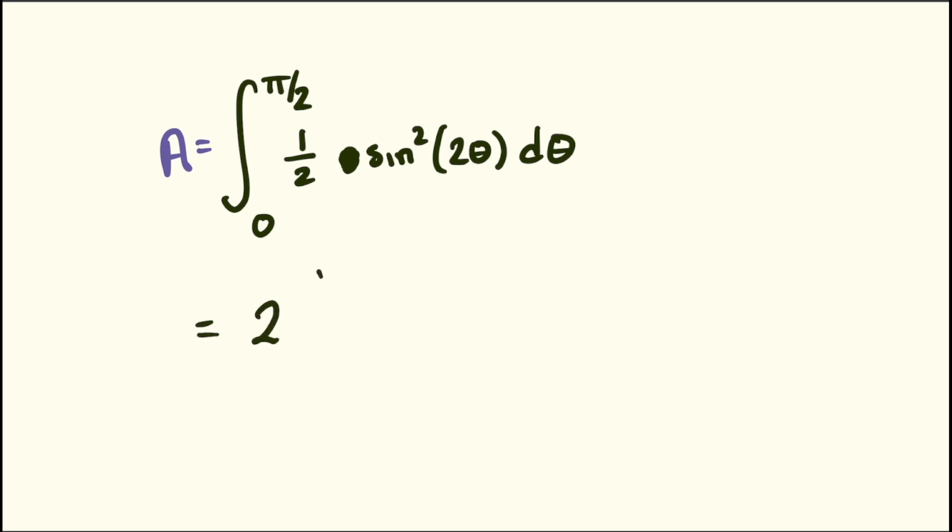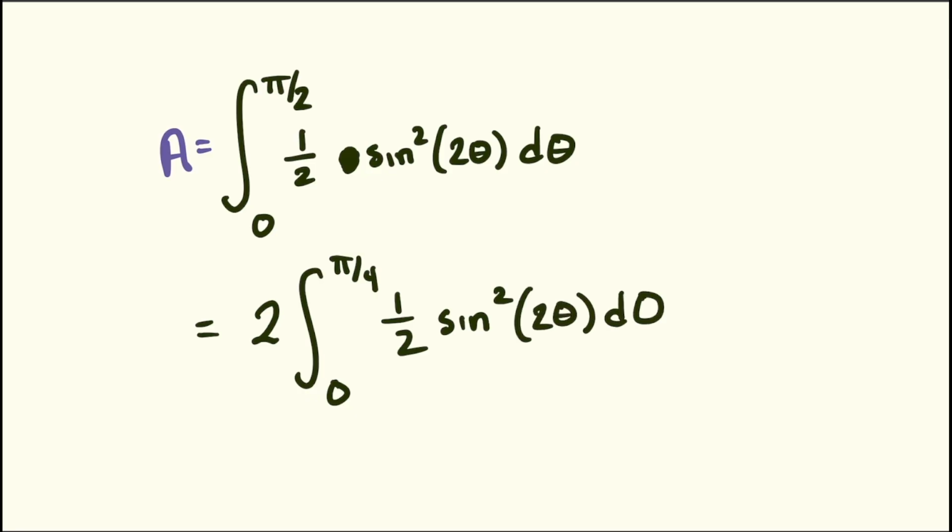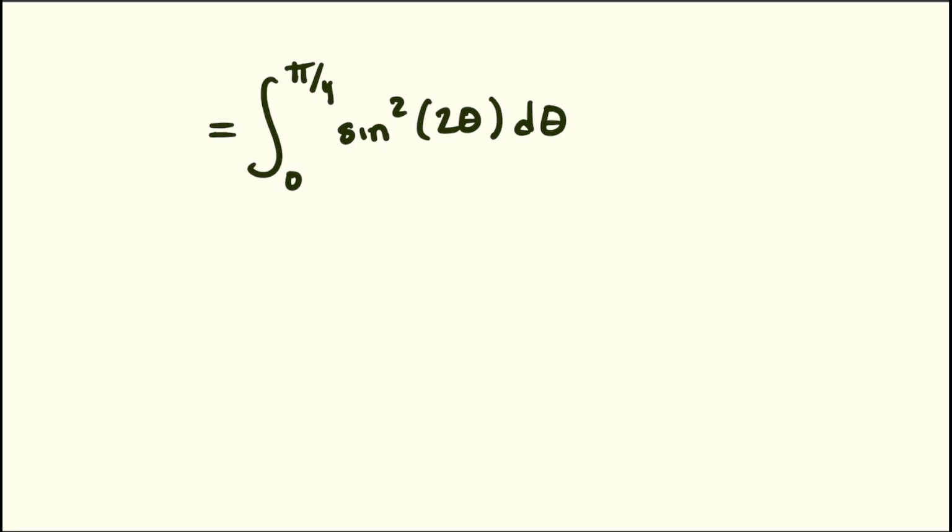This is 2 times the integral from 0 to pi over 4 because of symmetry, of 1/2 sine squared 2 theta d theta. Now our 1/2 and our 2 can be canceled, and then we just have the sine squared 2 theta. So I'll write that out again: the integral from 0 to pi over 4 of sine squared 2 theta d theta.